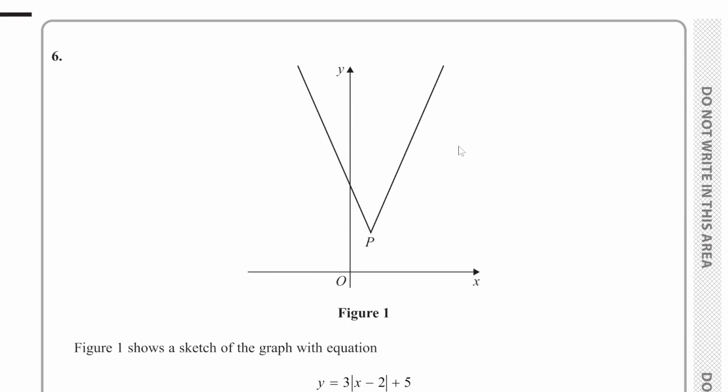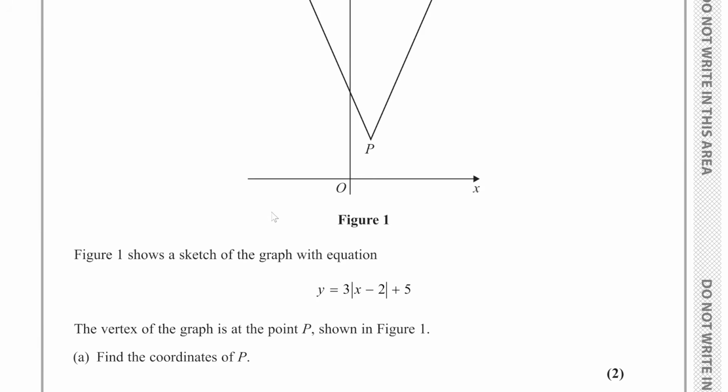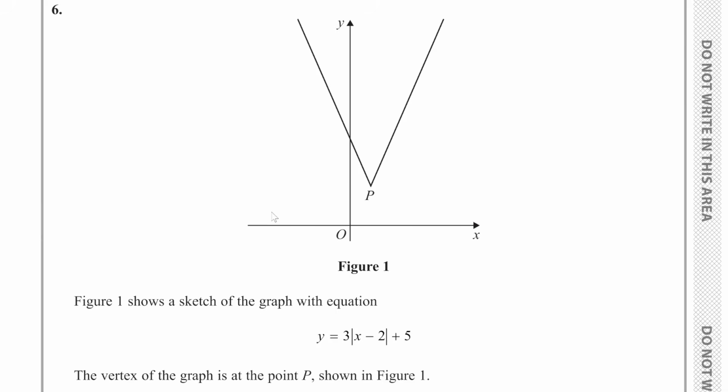Question 6. Figure 1 shows a sketch of the graph with equation y equals 3 times the modulus of x minus 2 plus 5. The vertex of the graph is point P. Find the coordinates of P. So what's the minimum value we can get out of this?